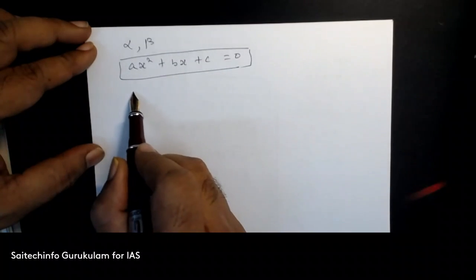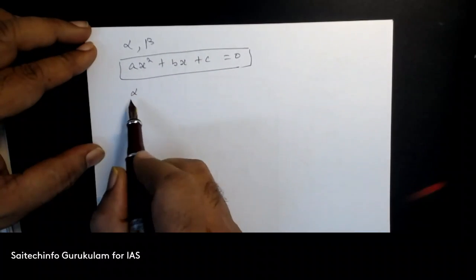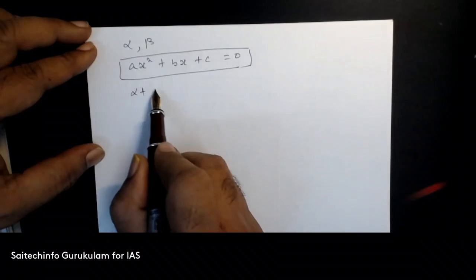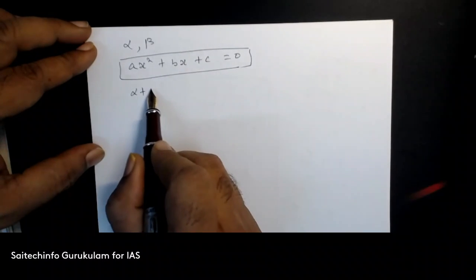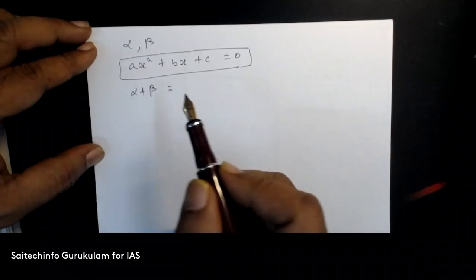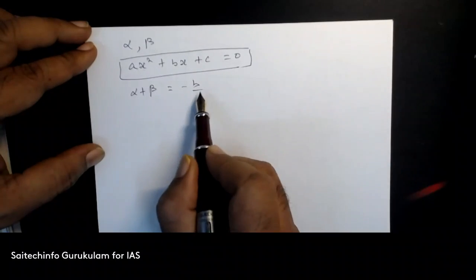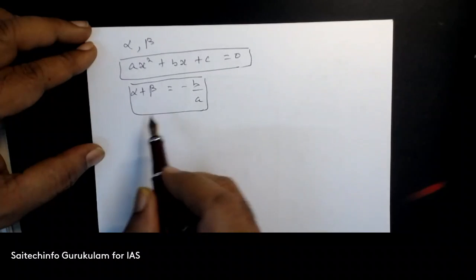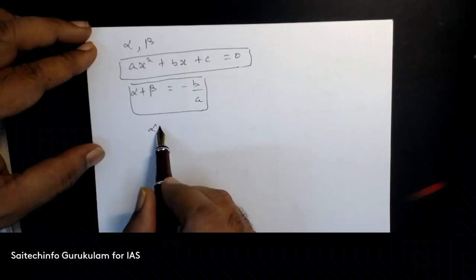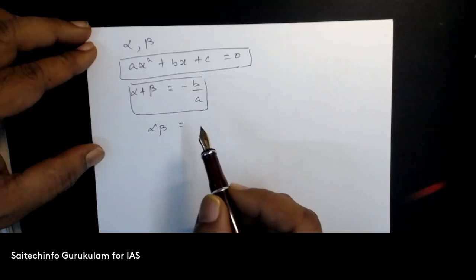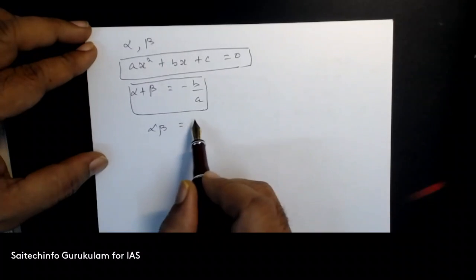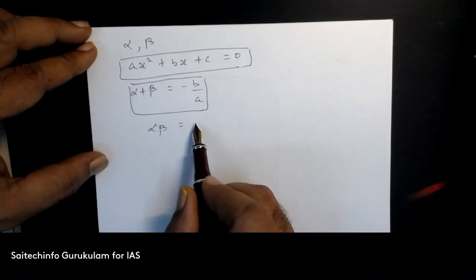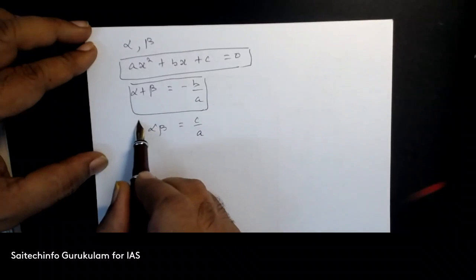We know the formula, the sum of zeros is equal to minus b by a. This is one equation. Another equation is alpha beta, the product of the zeros, is equal to c by a. This is another formula.